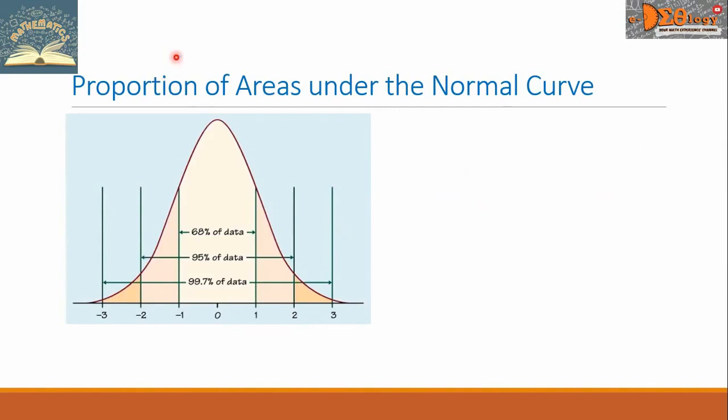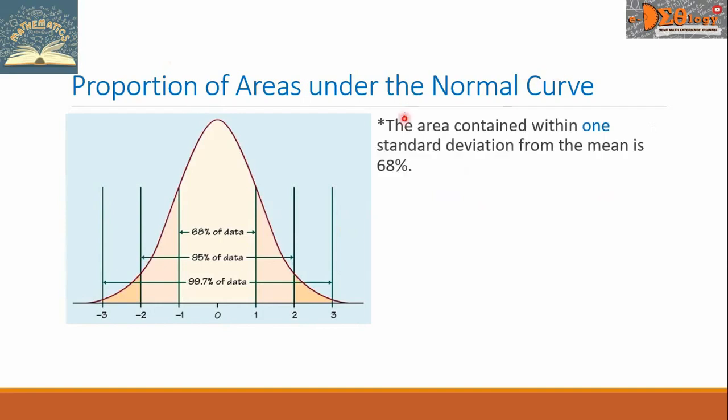Let us see the proportion of areas under the normal curve. The area contained within one standard deviation from the mean is 68%. Thus, from -1 to +1, that is the 68% of the area.